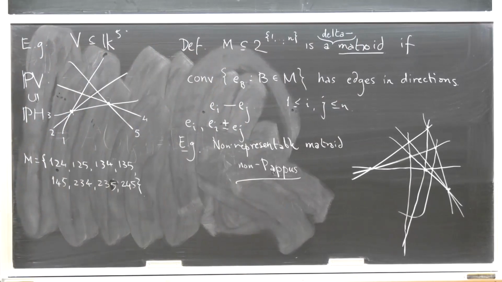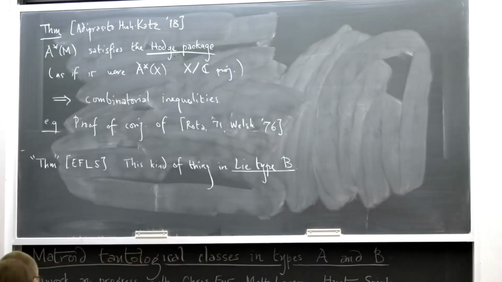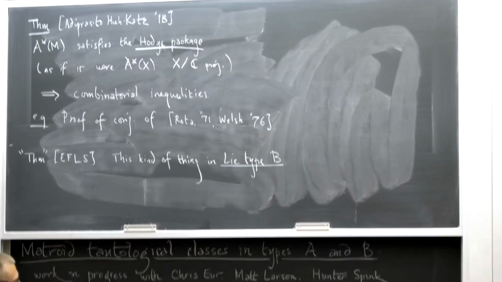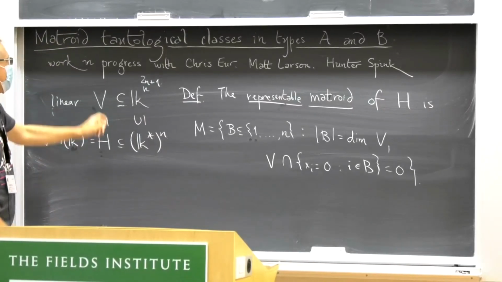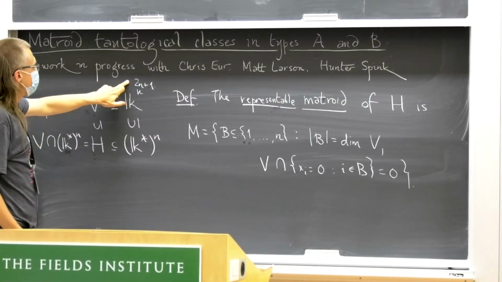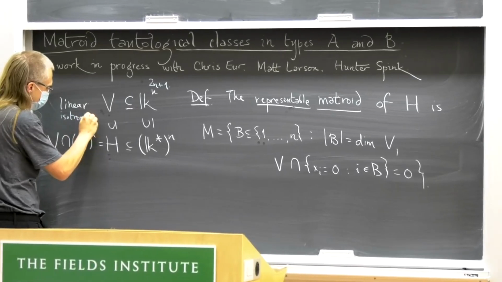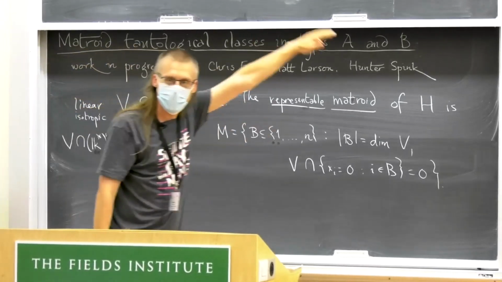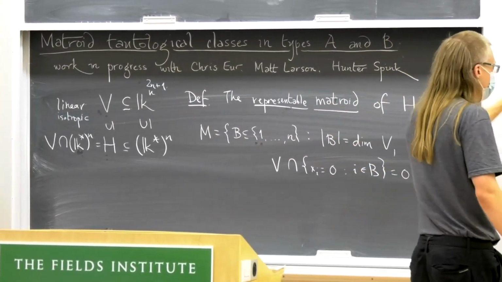I will put in blue my Lie type B things. I can get delta matroids this way. I take my 2n+1 dimensional space with a non-degenerate symmetric quadratic form, and I take isotropic subspaces, and so on. That will give me an example of a delta matroid. And so the combinatorics exists.